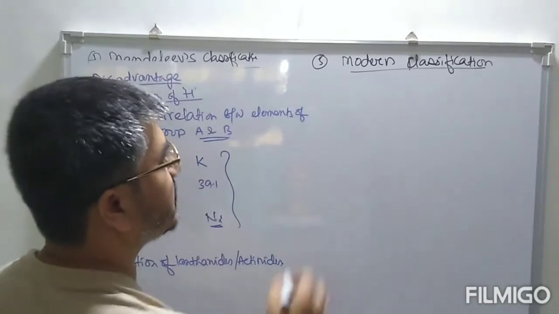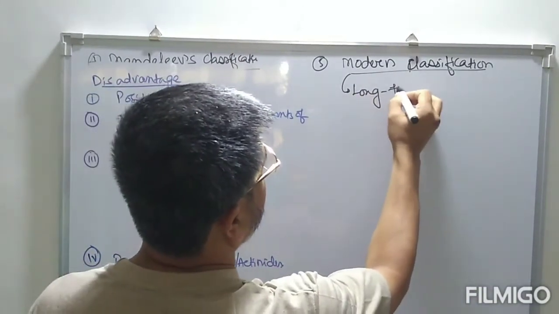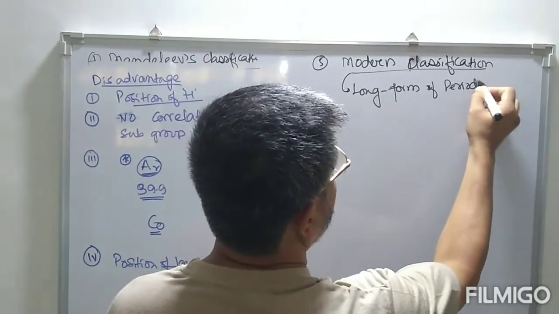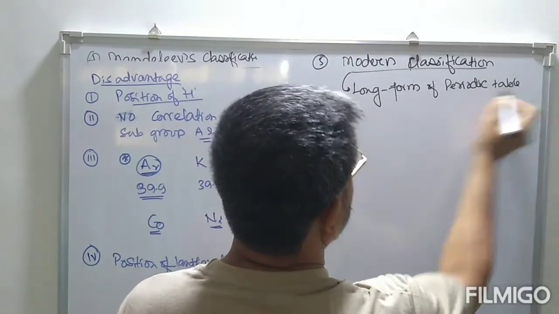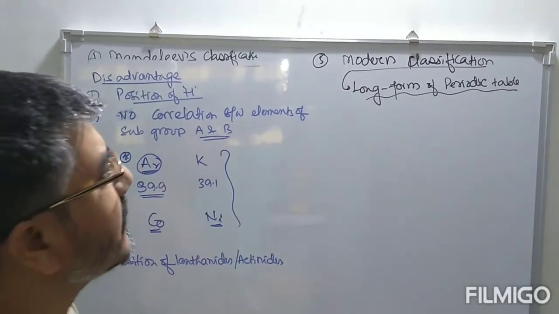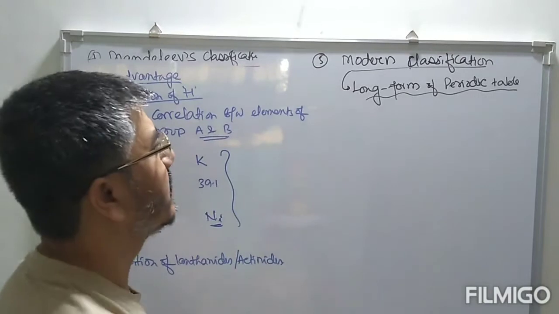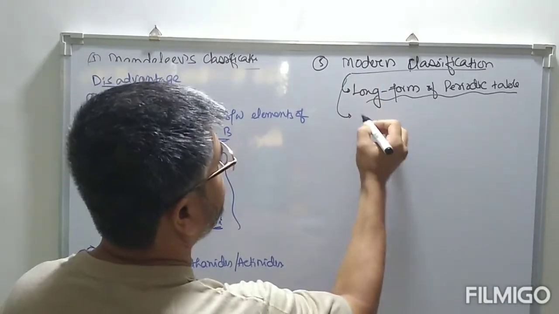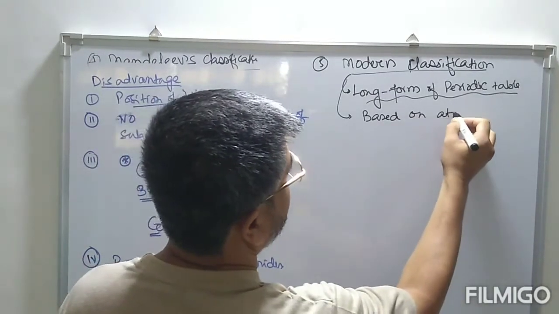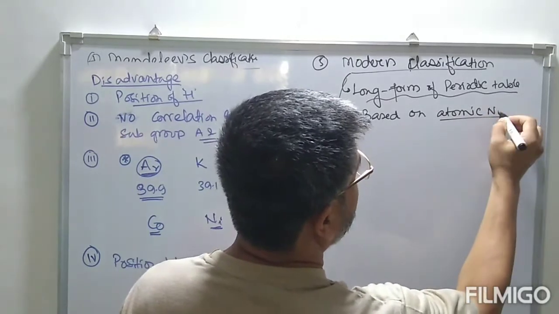This modern classification is also known as the long form of the periodic table. This modern classification of elements is based on atomic number rather than atomic mass.